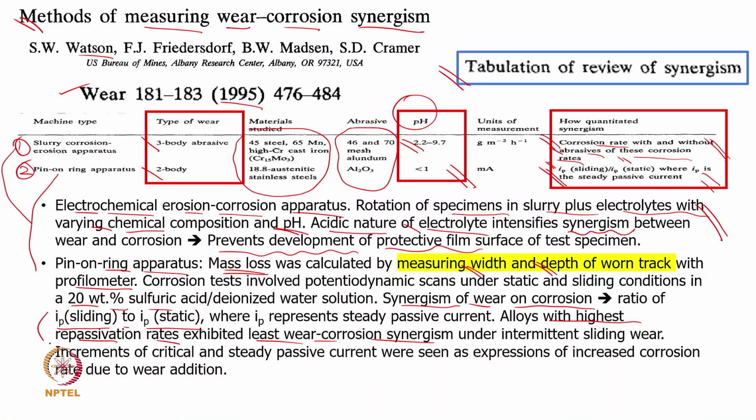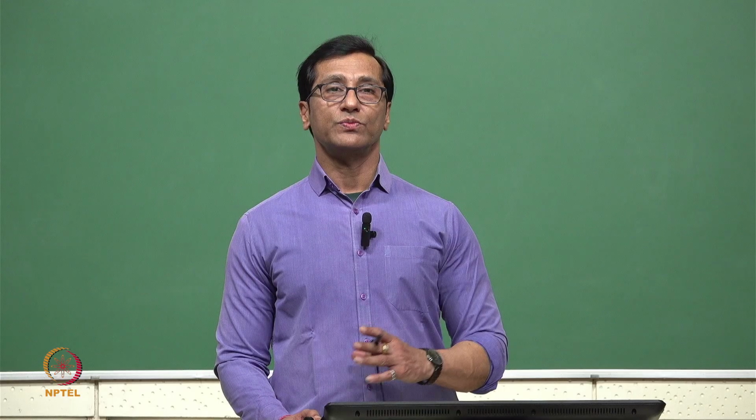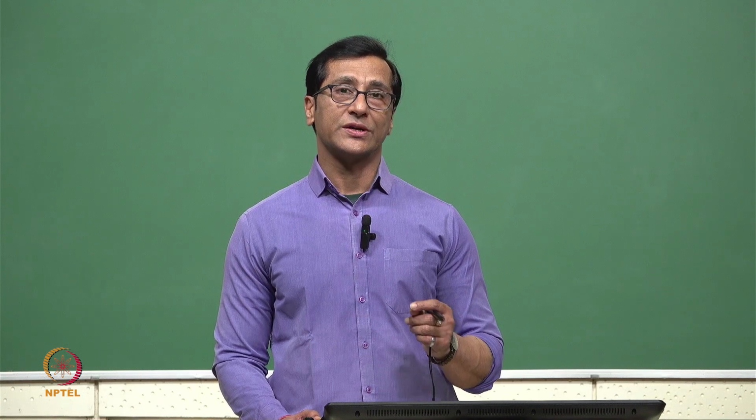However, if we are measuring the current, the increment of critical and steady passive current was seen as an expression of increased corrosion rate due to the impact of the wear. So these two papers indicate there is an effect of pH, and if it is acidic in nature, the possibility of synergy will be on a higher side.